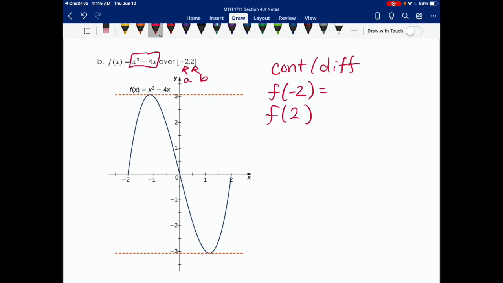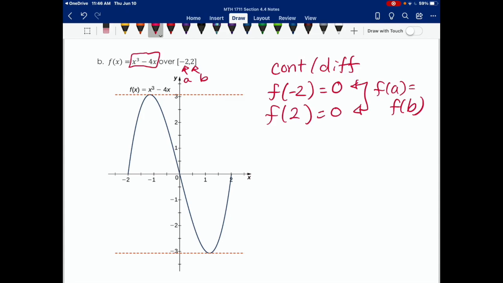Those are our endpoints for a and b. And we want to show that they're the same. So if I plug in f of -2, I'm going to get out 0. And if I plug in 2, I'm also going to get 0. So these are the same, so it meets that criteria that f of a is equal to f of b.